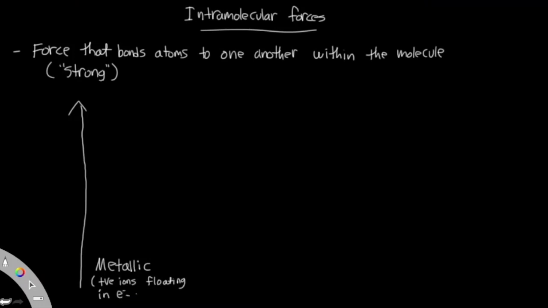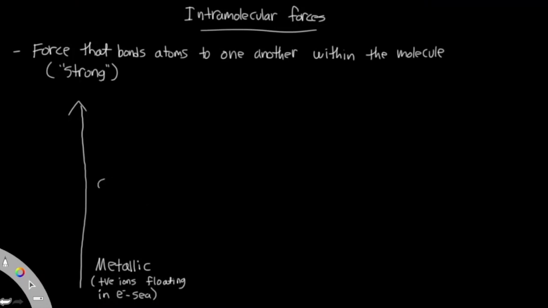If you're confused about the electron sea, please look at the previous video that I made regarding melting point. It's pretty much an area where the electrons are free floating around the particular ions, going from one to another. It's kind of being shared, being passed around, just surrounding it. So that's metallic.